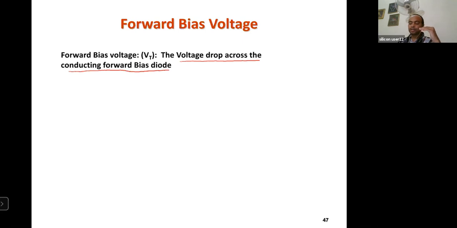For that kind of diode, the voltage drop across the diode, that means how much voltage it is consuming, is called the forward bias voltage, and in notation it is written as VT.